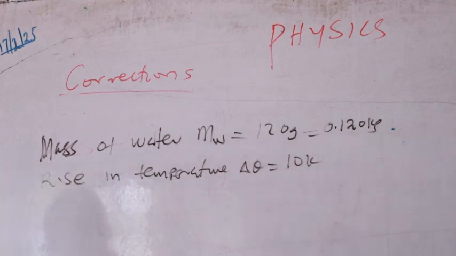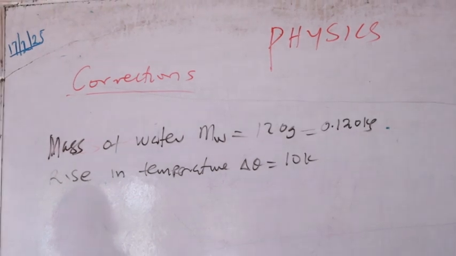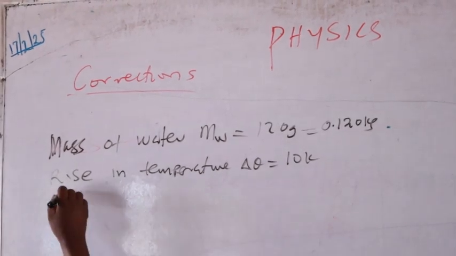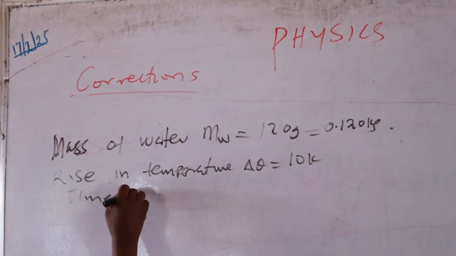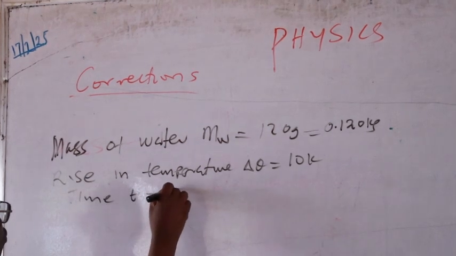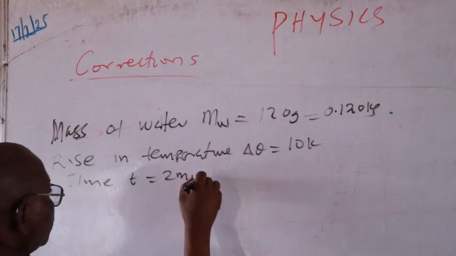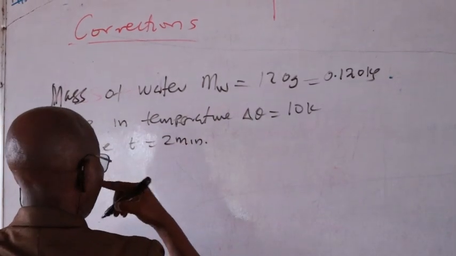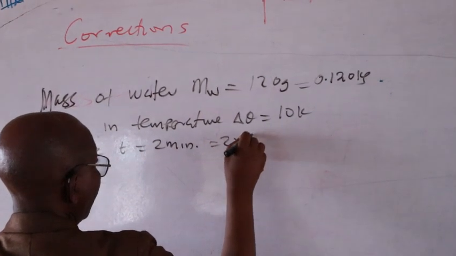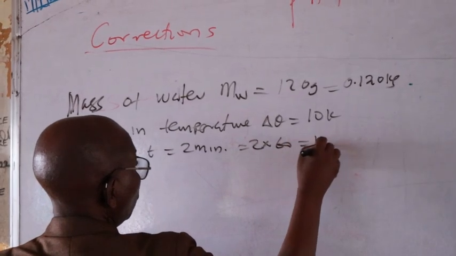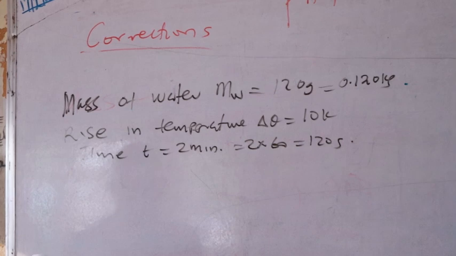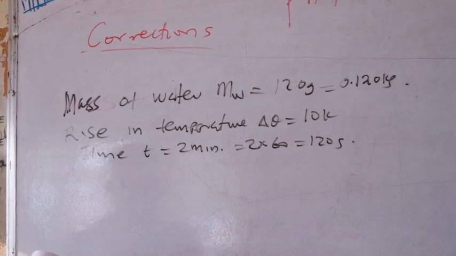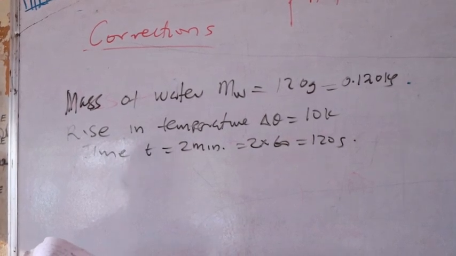That's when it is used in the water. Then the time is 2 minutes, which can be converted to 2 times 60 seconds, which is 120 seconds. Then you place it in another water.